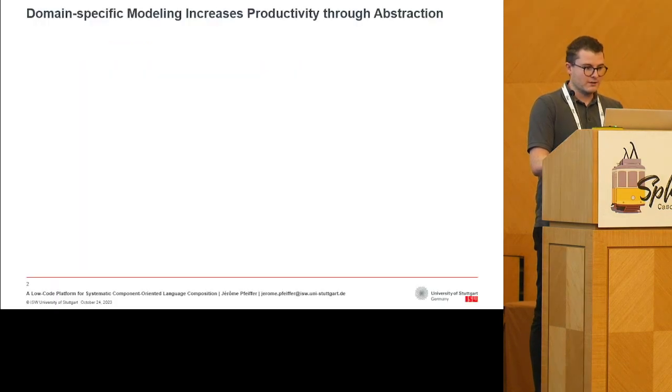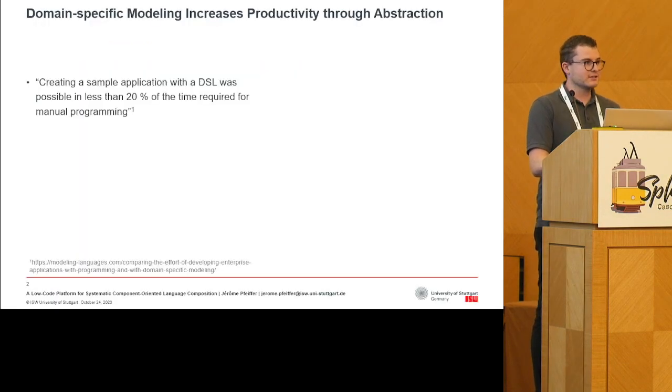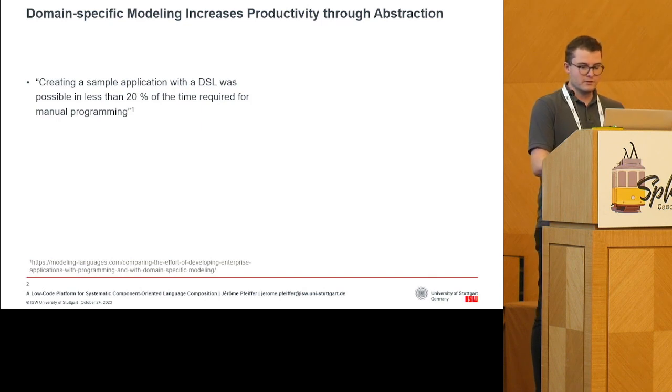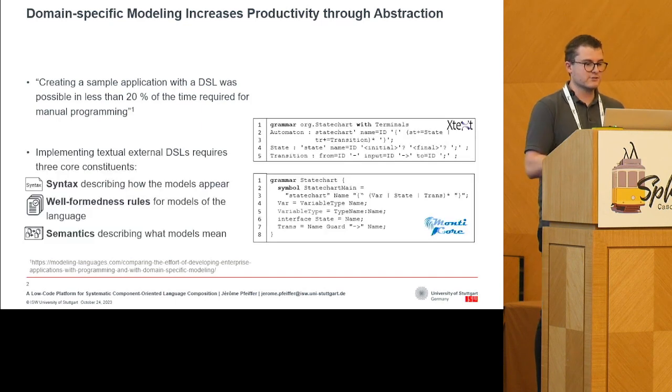So, as we know, domain-specific modeling increases abstractions and thereby also increases productivity. For instance, this article here created web applications using a DSL, and it was less than 20% of the effort than performing the work manually. For us, textual external DSLs require three definition artifacts or definition dimensions.